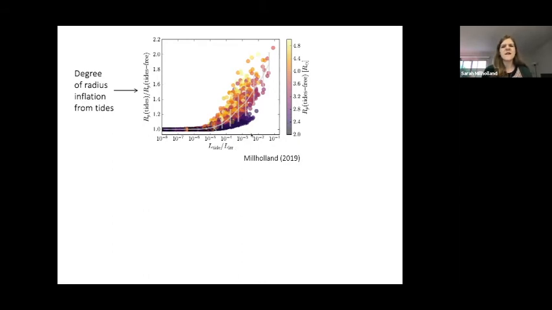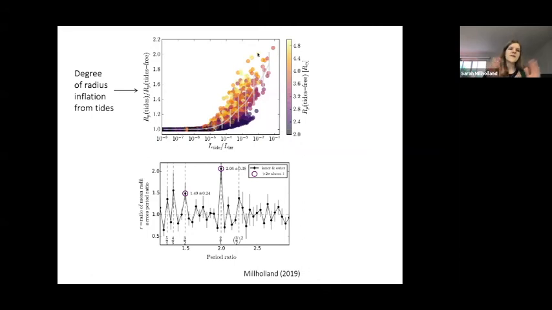It's pretty clear that tides can substantially inflate planet radii when this ratio is greater than about 10 to the -5 or so. Beyond this amount of tidal heating, the planet radii can inflate by up to about 2 times their size in the most extreme cases.